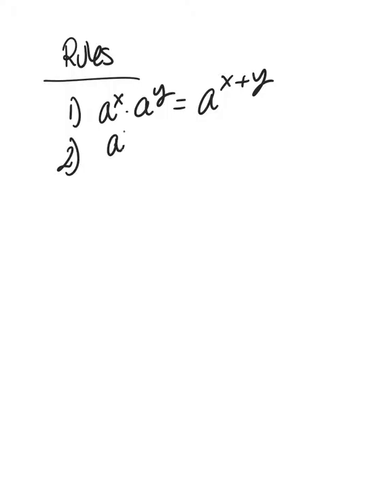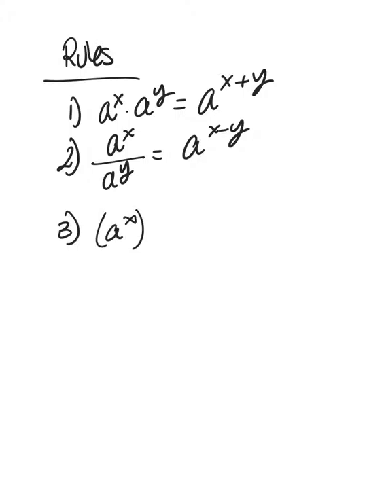If I'm dividing with the same base, I subtract the exponents. If I'm going from an exponent to an exponent, I am multiplying the exponents. It's like distributive property.